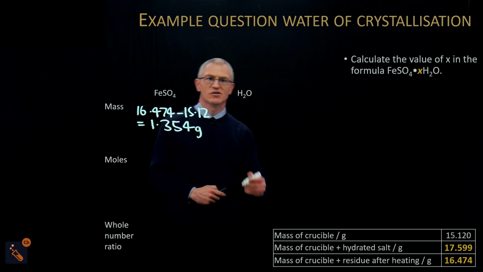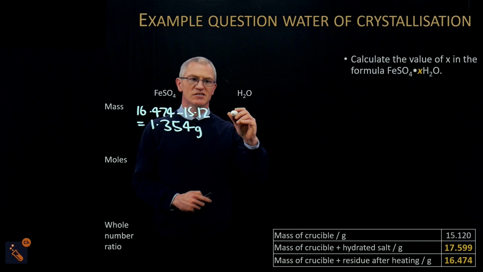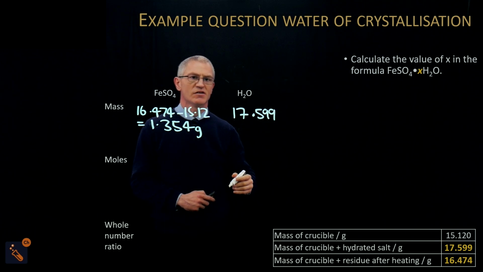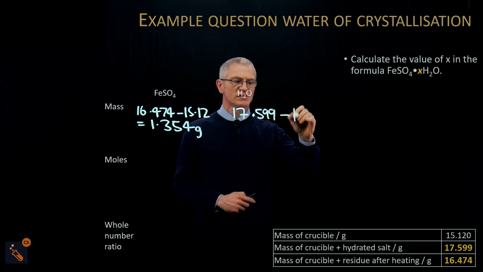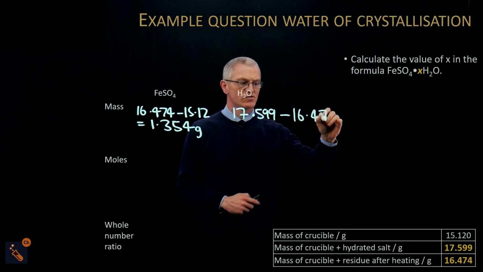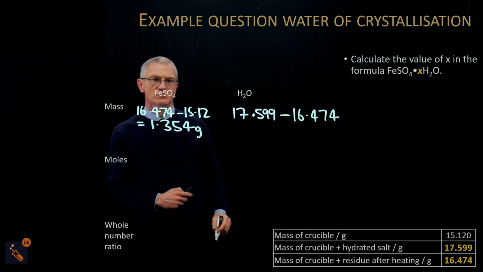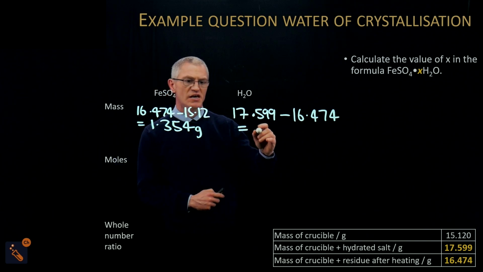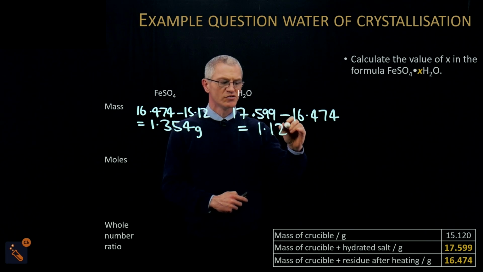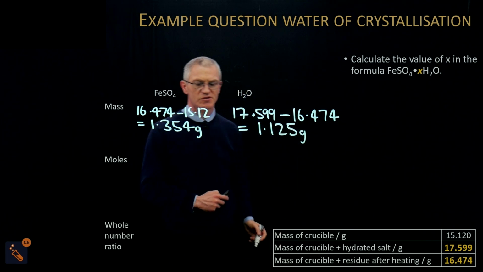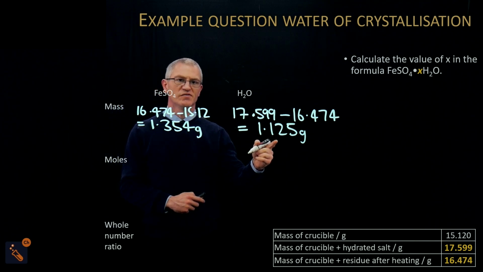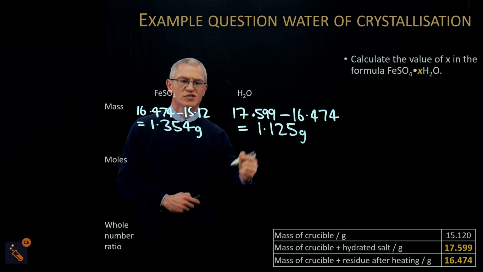So if we want to work out the mass of the water, we take these two and we say 17.599 minus 16.474. Now that will equal 1.125 grams. So we have 1.354 grams of the salt and 1.125 grams of the water.